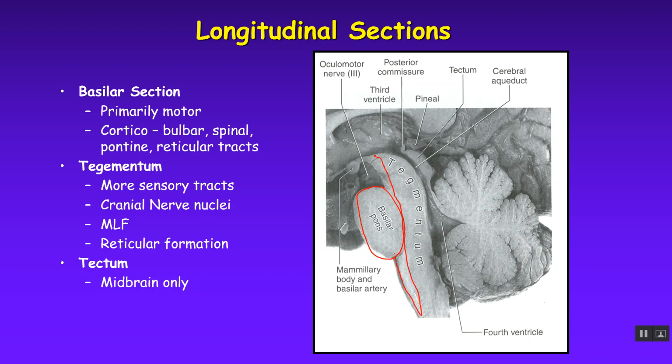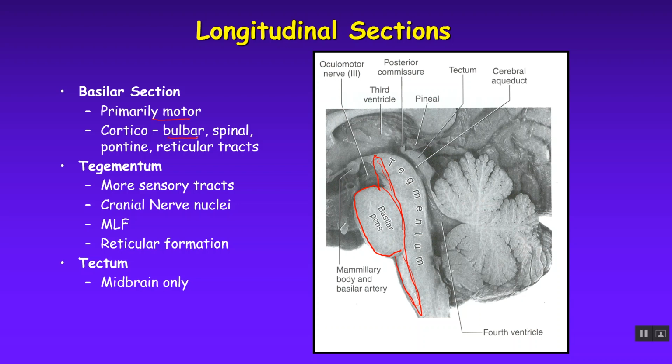this whole front region here, of the pons, the front part of the midbrain and the front part of the medulla, this is where you have those vertical tracts running that are primarily motor in nature.